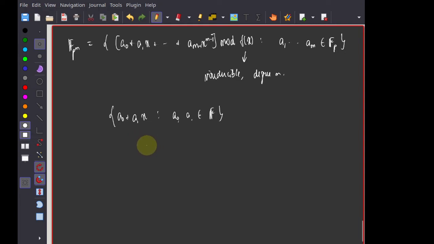Okay. So what do you want? You want a basis which is two vectors v1 and v2. What are vectors in this case?